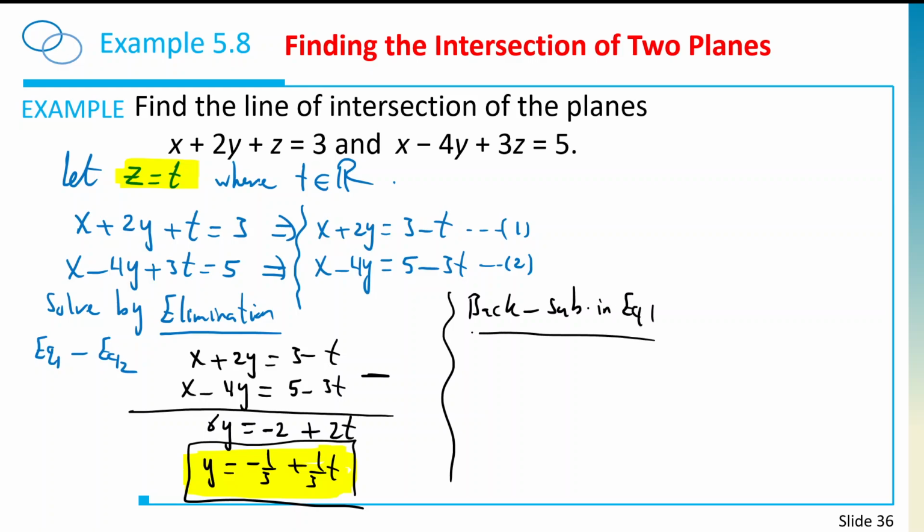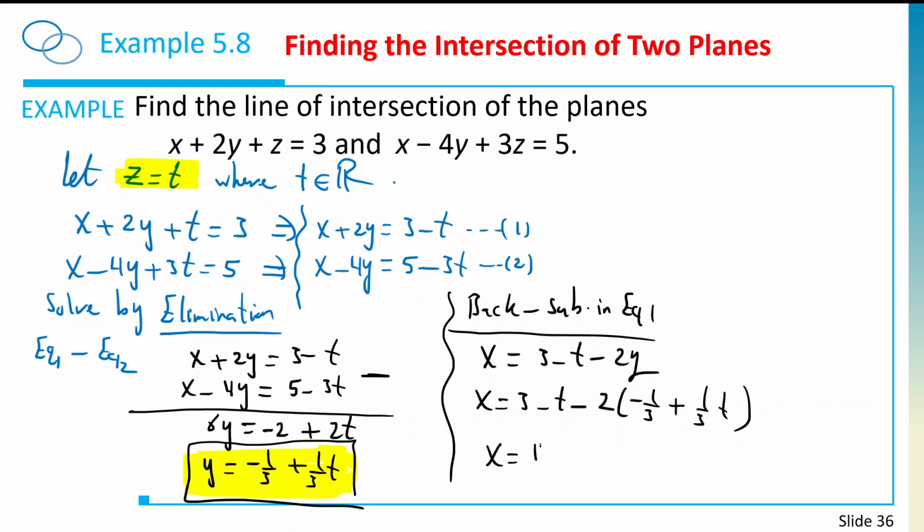So x equals 3 minus t minus 2y, and this is equal to 3 minus t minus 2 times y, which is negative 1 over 3 plus 1 over 3t. If you simplify this equation and add the like terms, this is 11 over 3 minus 5 over 3t. And this is the equation for x.